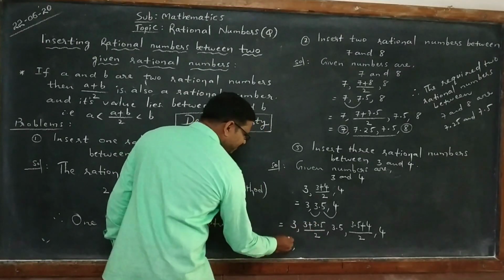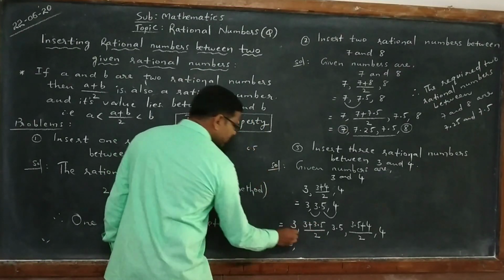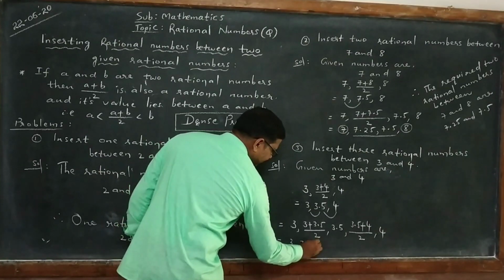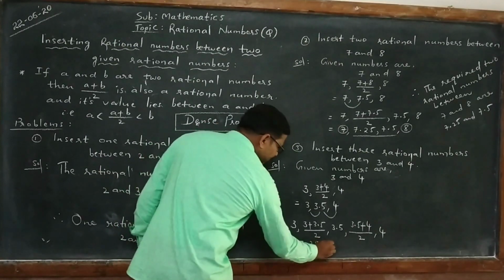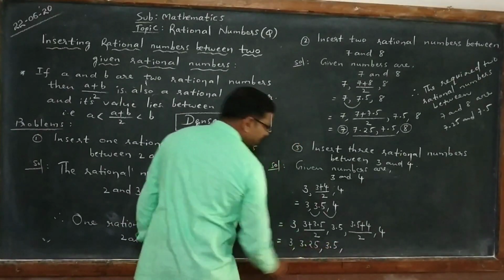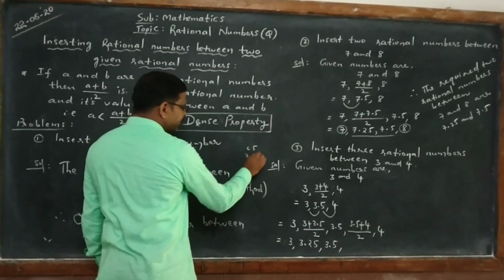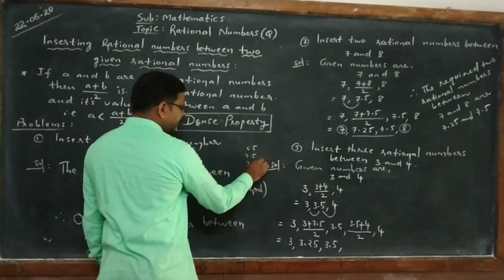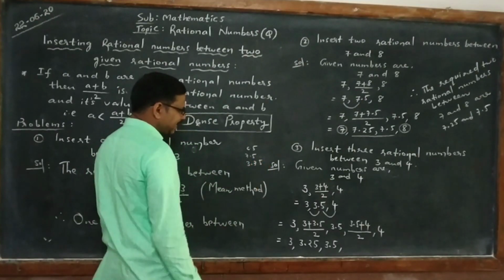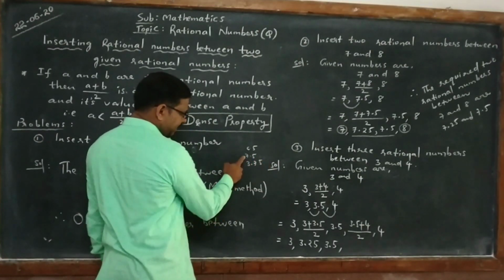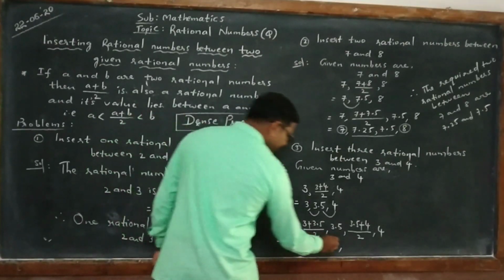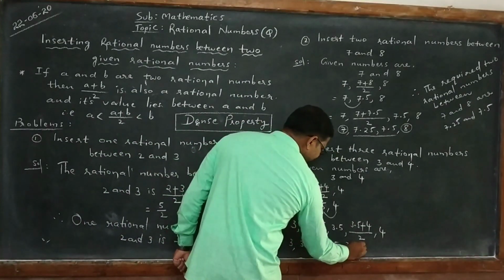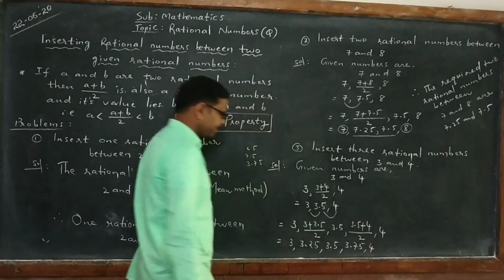6.5 by 2 means 3.25. 3.5. Then 7.5 by 2 means 3.75, right? 2 3s are 6. 3.75, 4.